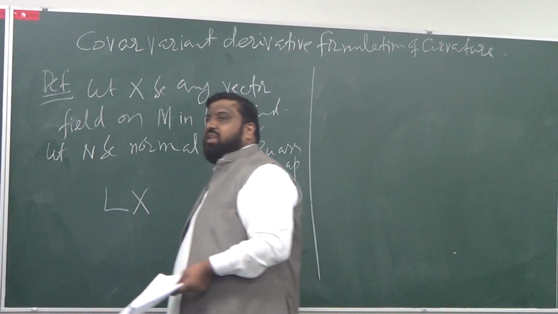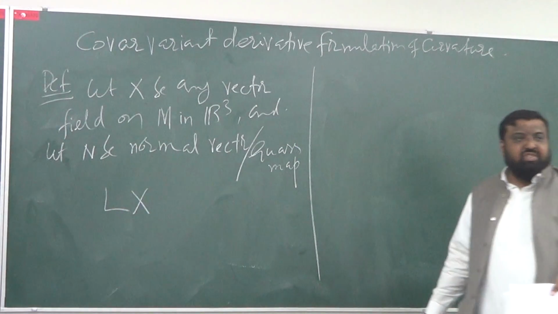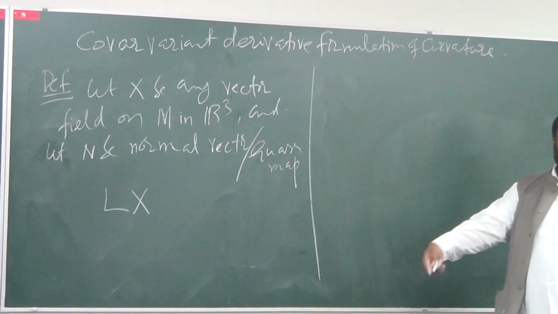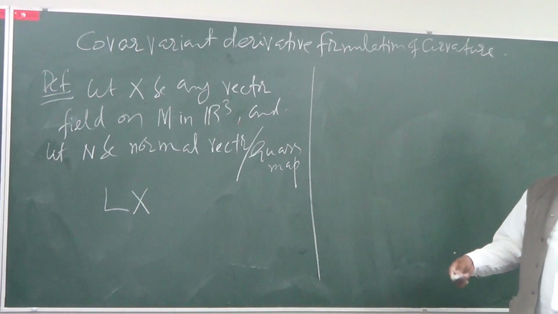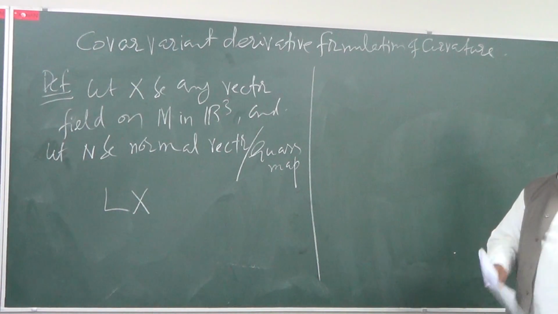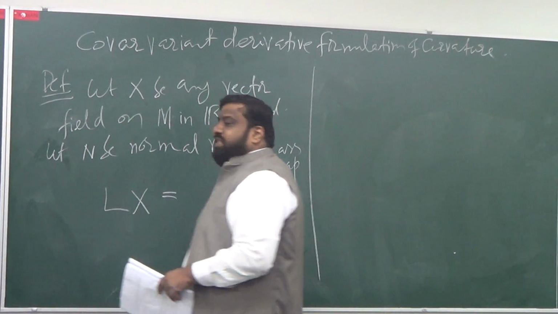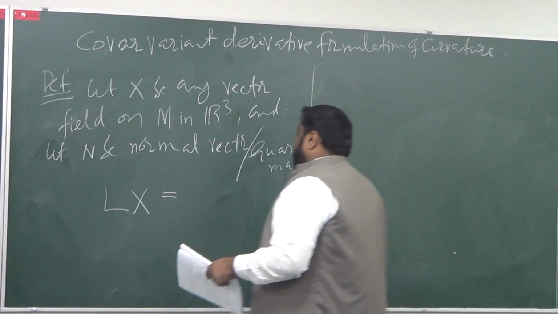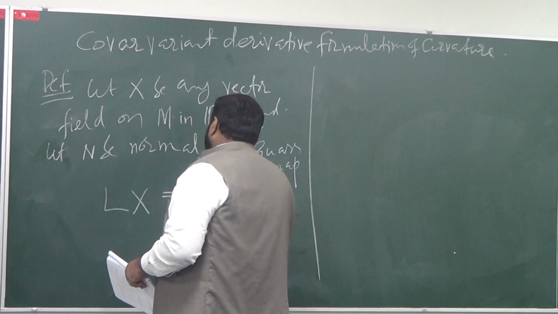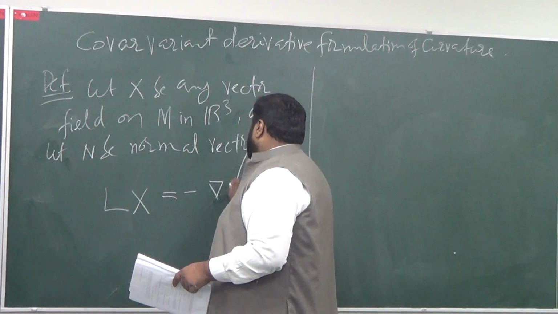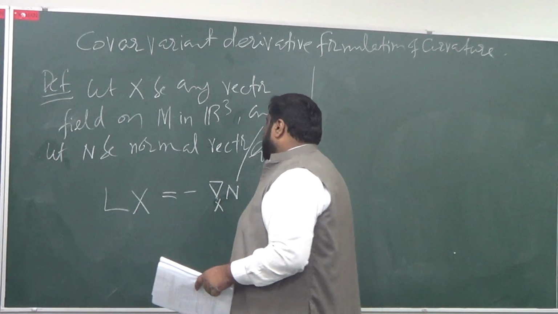So obviously the domain of L is the tangent bundle. X is an element of the tangent bundle. And the output that it gives is the covariant derivative of the normal vector in the direction of X.